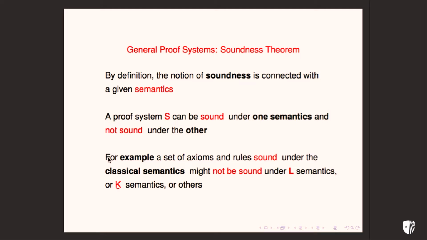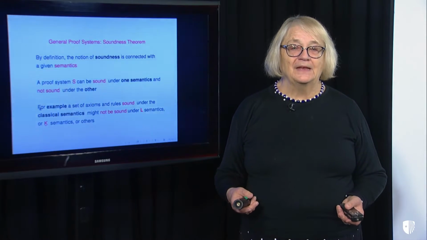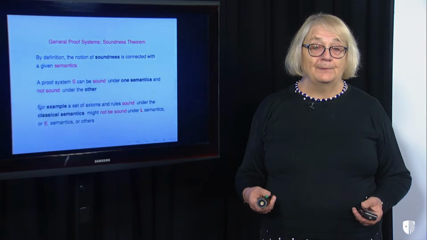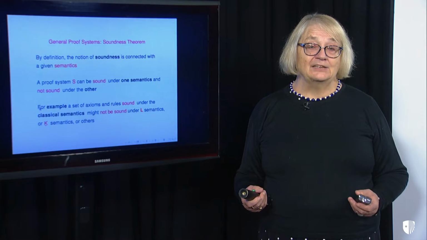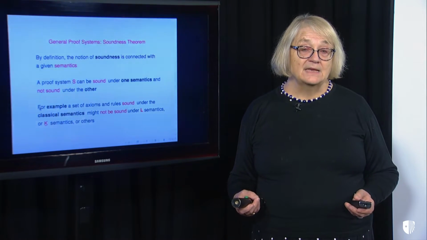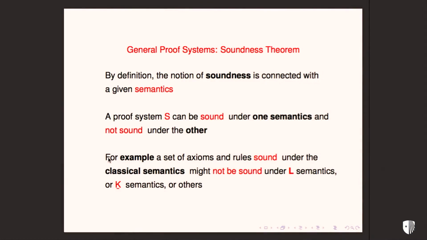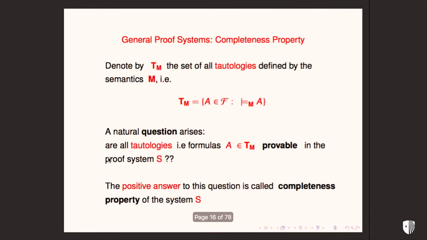If your semantics is well sorted in your head, your proofs are correct, it means true. So, for example, a set of axioms and rules sound under classical semantics might not be sound under Lukasiewicz semantics, which we covered, or many other semantics.